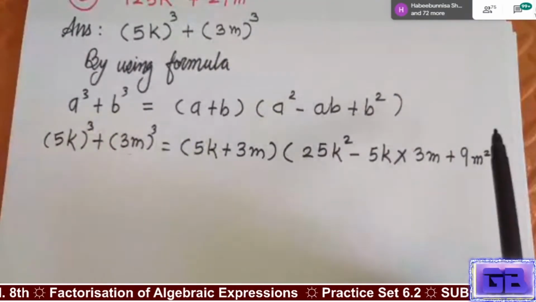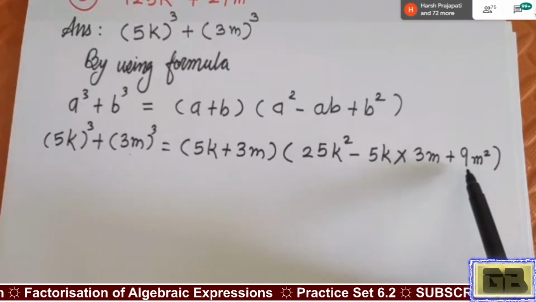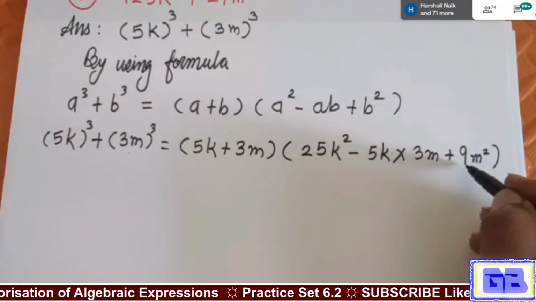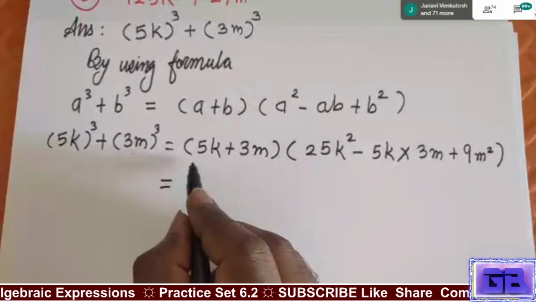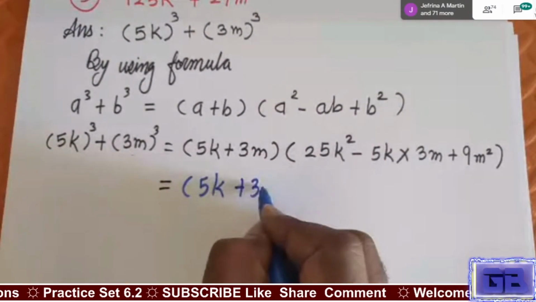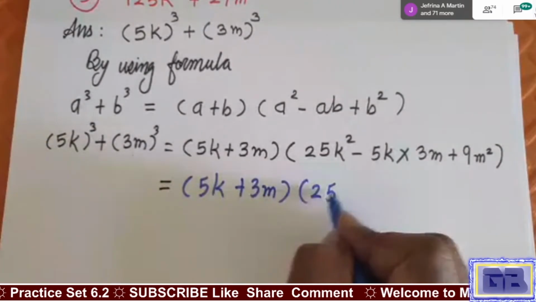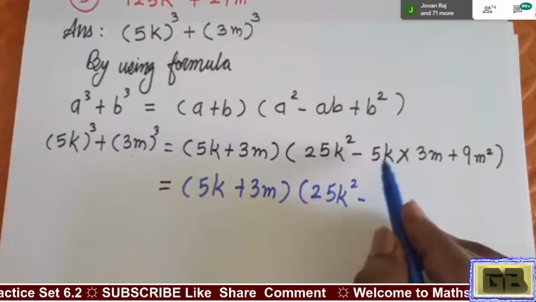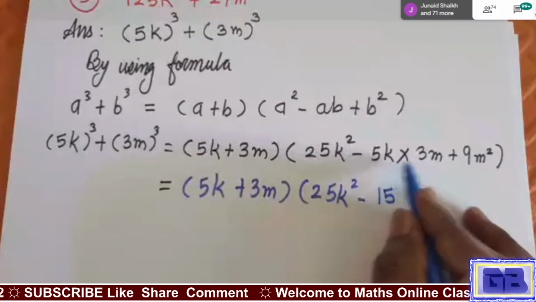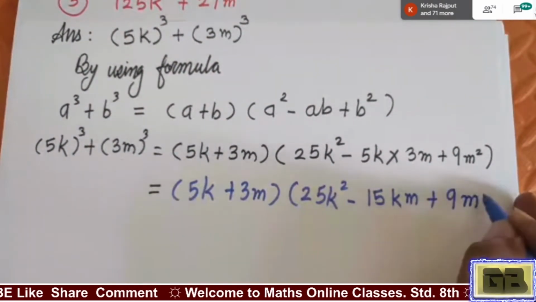In the previous sum q was there, in this sum 9 is there, so by mistake don't cut the leg of this 9. First bracket as it is, 5k plus 3m, 25k square minus, we can multiply the numbers, 5 3s are 15km, plus 9m square.